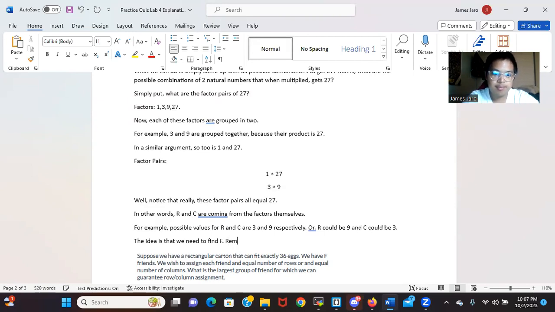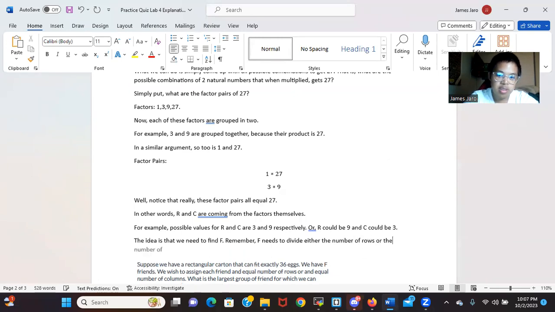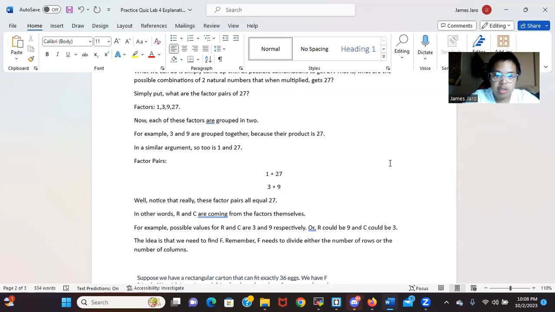Remember, F needs to divide either the number of rows or the number of columns. And if you notice, we could have 1 times 27 or 3 times 9, one of those two, right? So in other words, whatever F is, it has to divide at least one number in each factor pair.